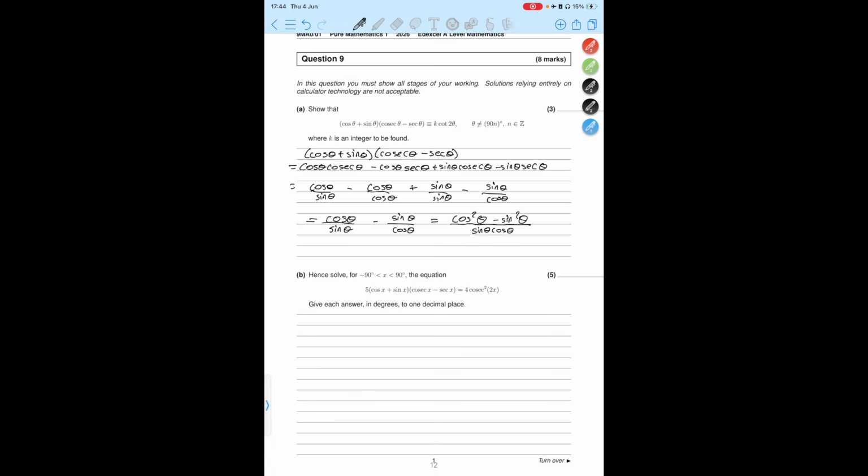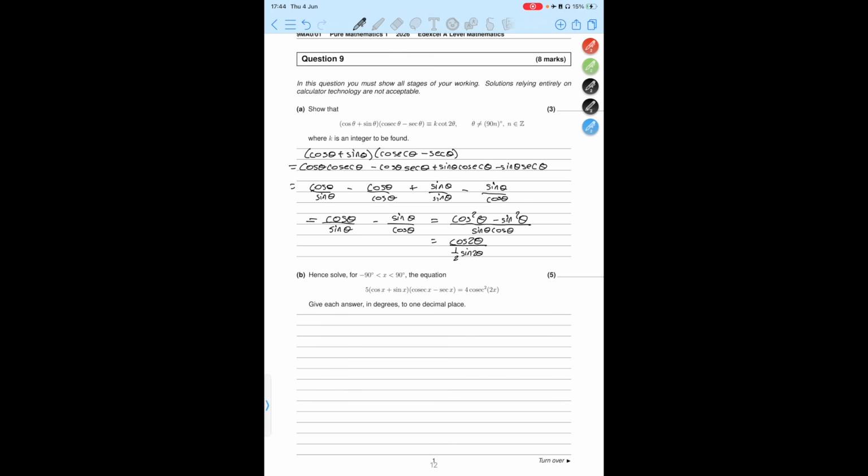Okay. So now what I can do is I can say, well, the top function, we know that's the identity for cos 2 theta. Okay. And the bottom we can say is half of sine 2 theta, because sine 2 theta is 2 sine theta cos theta.